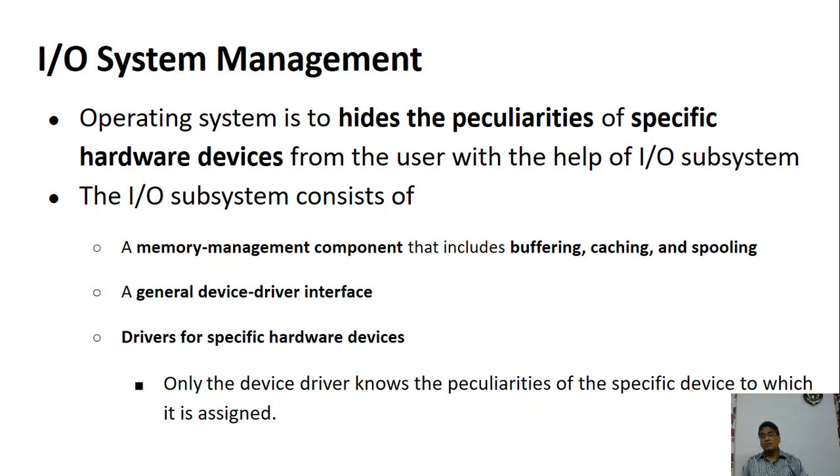How does the computer interact with the various devices? Remember, there is something called device drivers. They are specific software that helps the operating system to interact with the devices. There are generally two categories of device drivers: one is general purpose drivers, and the other one is specific hardware drivers.